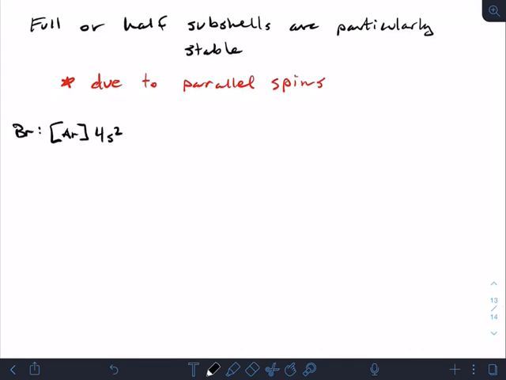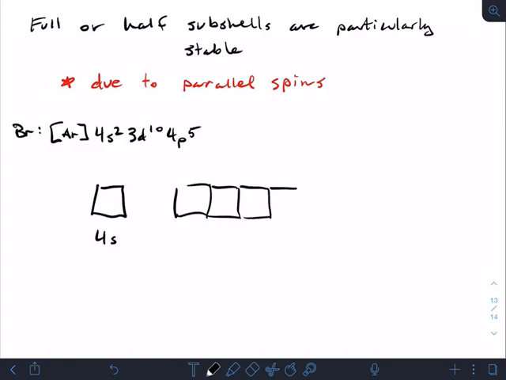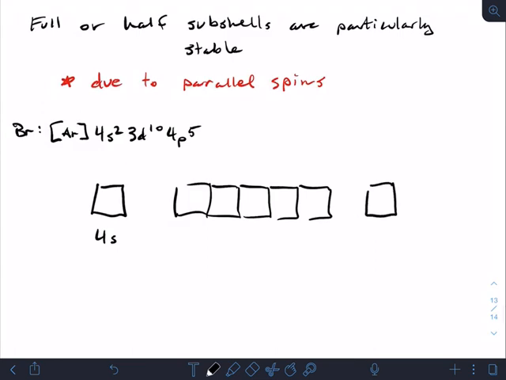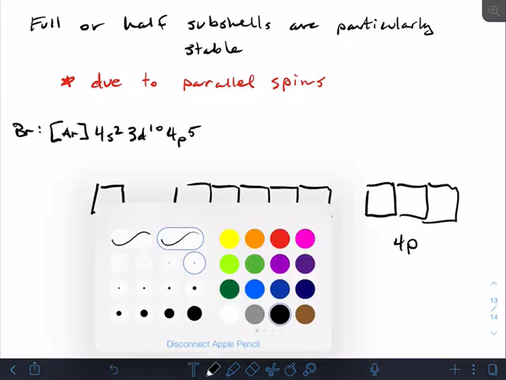So if I look at bromine, for example, it's going to have an electron configuration 4s2, 3d10, 4p5. So if I sort of write this out in blocks, which is always fun to do, there's my 4s, and my p's.